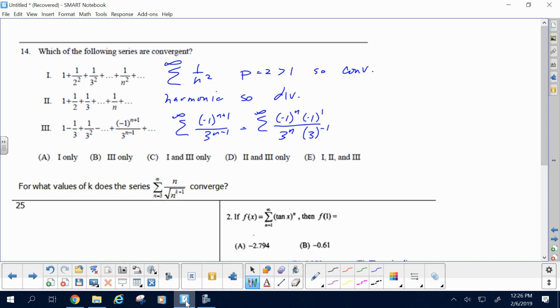I don't know if this would be necessary if I really wanted to find a sum. You might be able to look at this and say what the r is. What is r? r is negative 1/3. Does that meet the conditions for convergence of geometric? Yes. And so our answer is C. Try the next one, please.